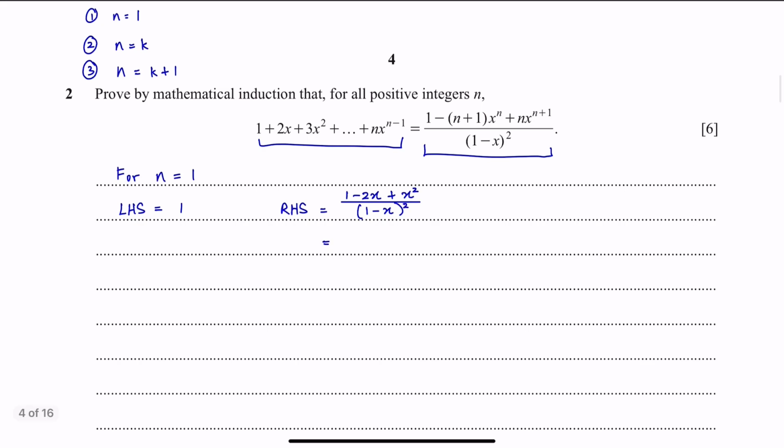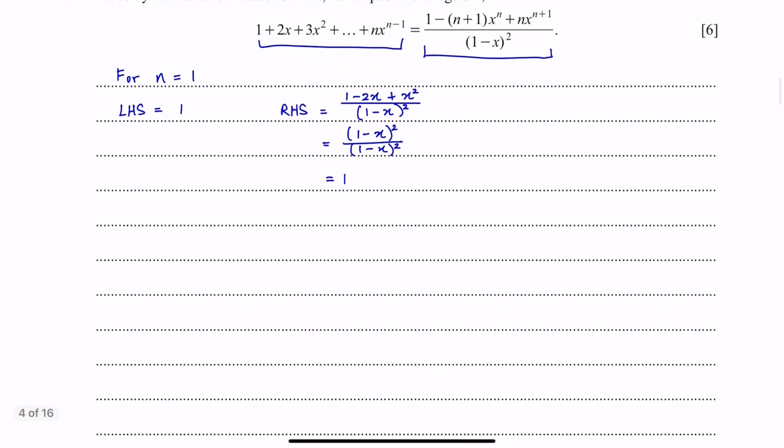And this we can factorize, equals 1. Hence, left hand side equals right hand side for n equals 1. So the statement is true for n equals 1.